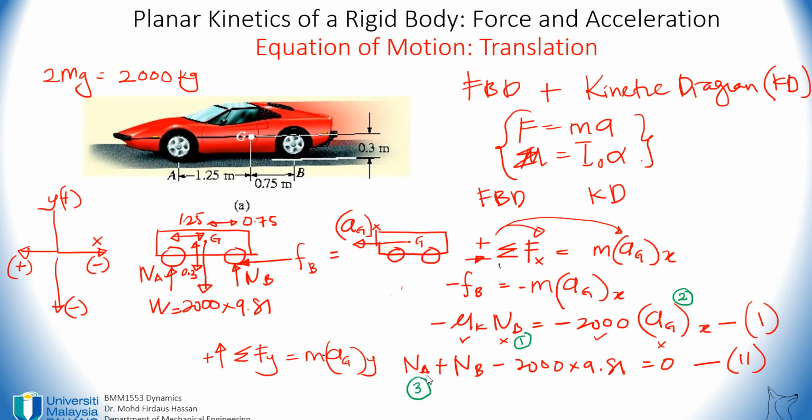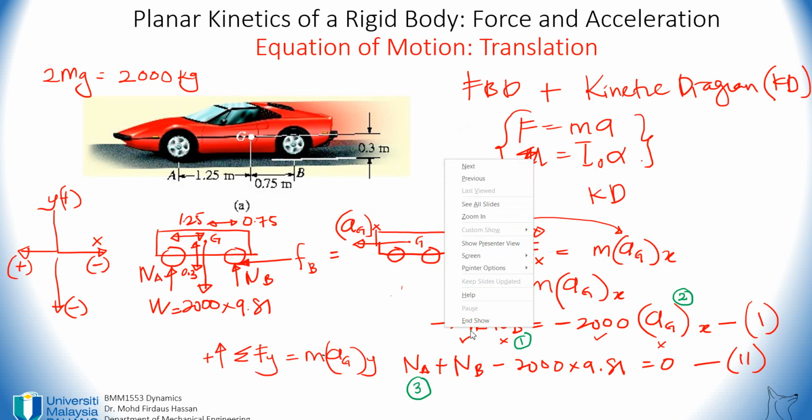In order for you to solve simultaneous equations, the number of unknowns must be equal to, or less than, the number of equations.